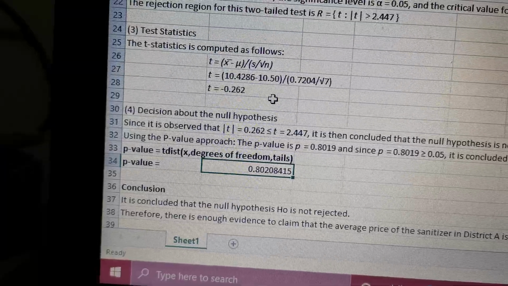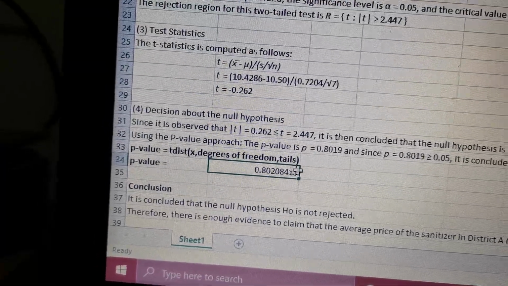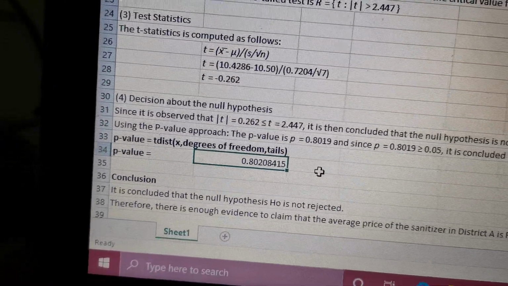So the answer for the p-value is 0.802, rounded off to 0.8019.